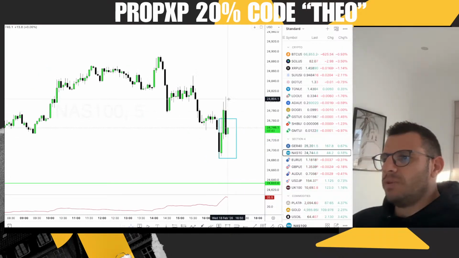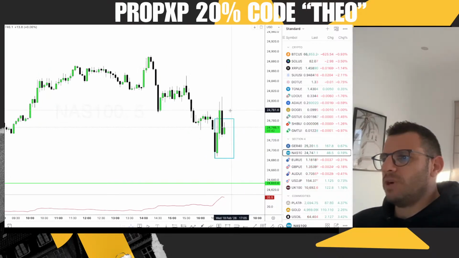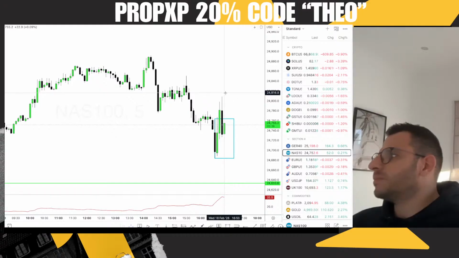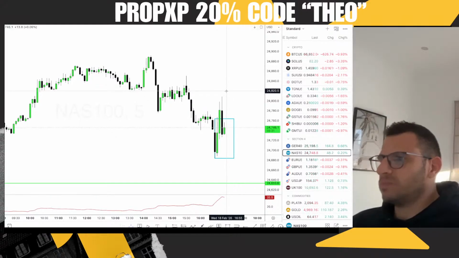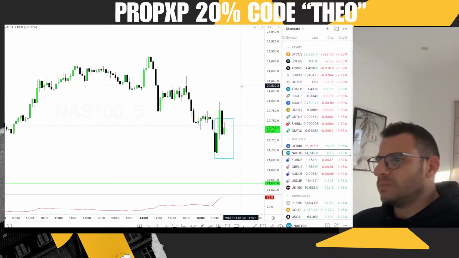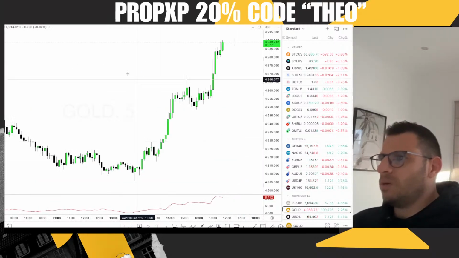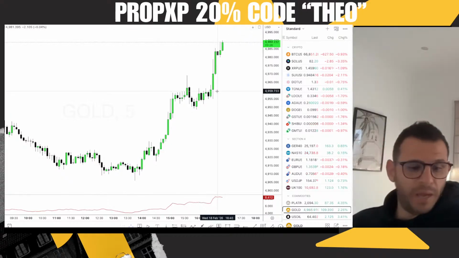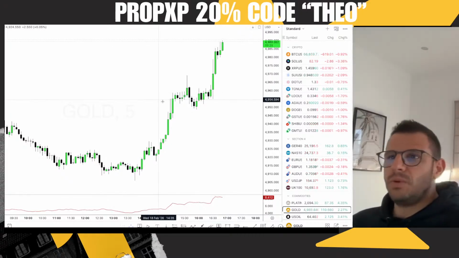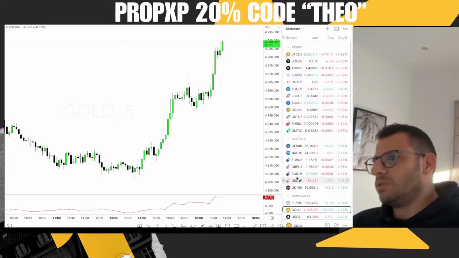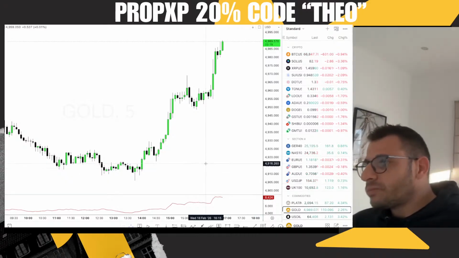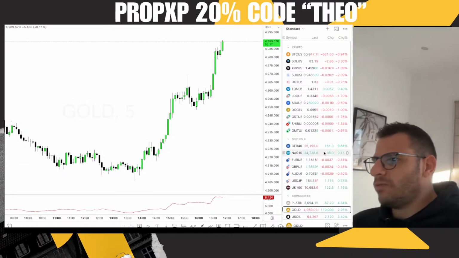Oh, we had a bearish engulfing on the 5-minute chart. Okay. What is gold doing? Gold is pushing higher, so that's more bearish for the US dollar. Maybe Nasdaq will follow as well.